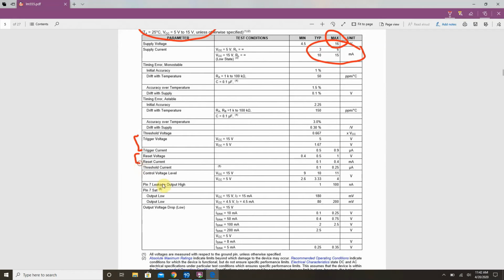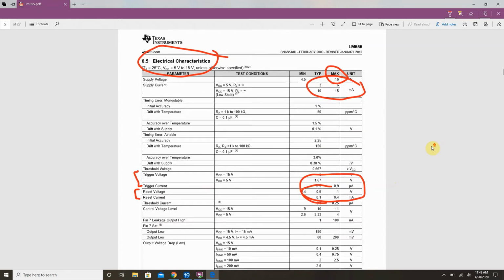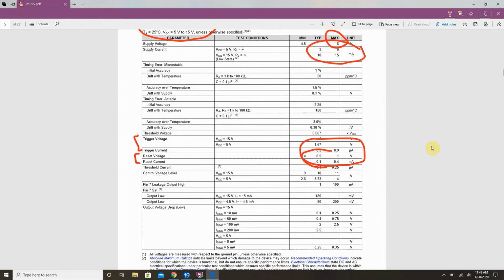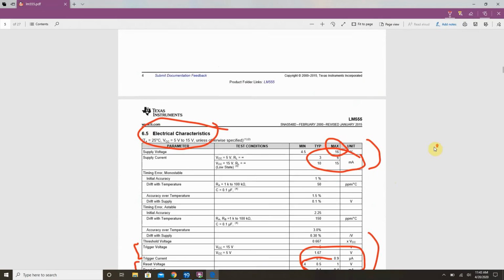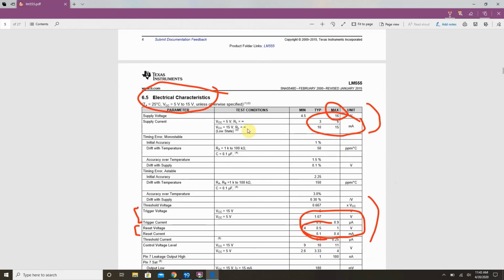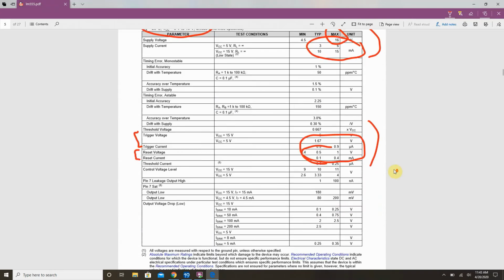Do we want to reset this circuit, or do we just want to tie it high? Well, there's our information for both trigger and reset. That's important stuff. Now, everything else on here I would say is as important, but for what we're going to do, this is what I want you to concentrate on. Those things there. Okay? That's the electrical characteristics.